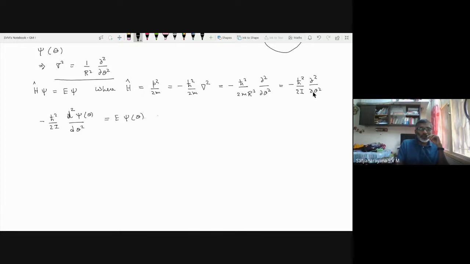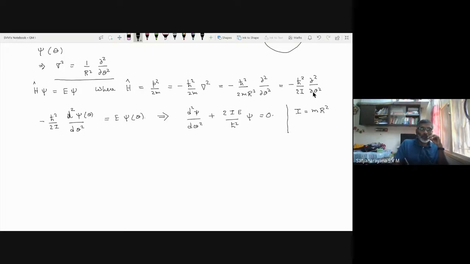Okay, so I can write this equation in this fashion: d square psi by d theta square plus twice IE by h bar square into psi is equal to 0. I is the moment of inertia given by mr square.